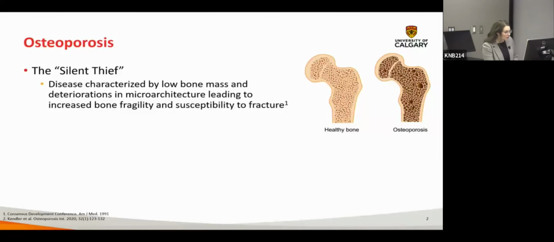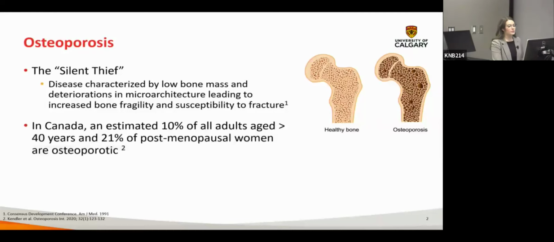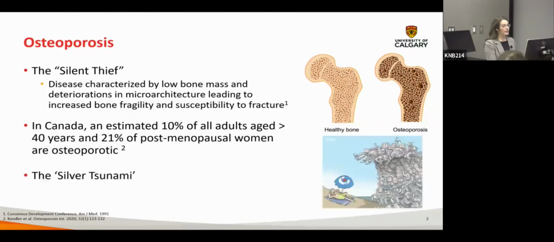In Canada, an estimated 10% of all adults over the age of 40 and 21% of postmenopausal women are osteoporotic. Given that individuals inevitably lose bone as they age, and we have an aging population, which has been coined the silver tsunami, identifying key strategies to mitigate age-related conditions like osteoporosis is essential.